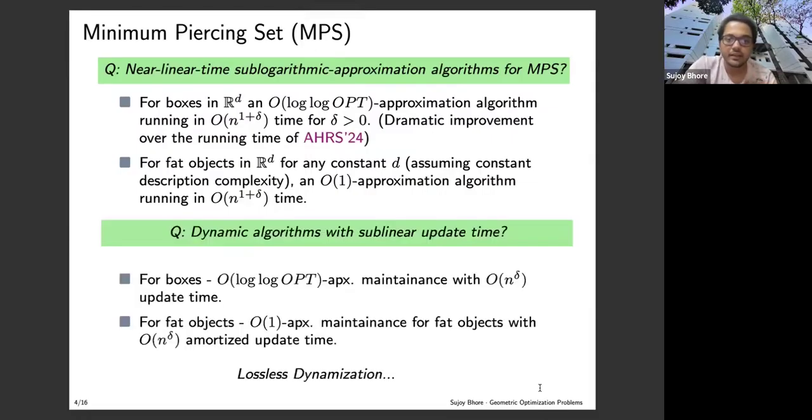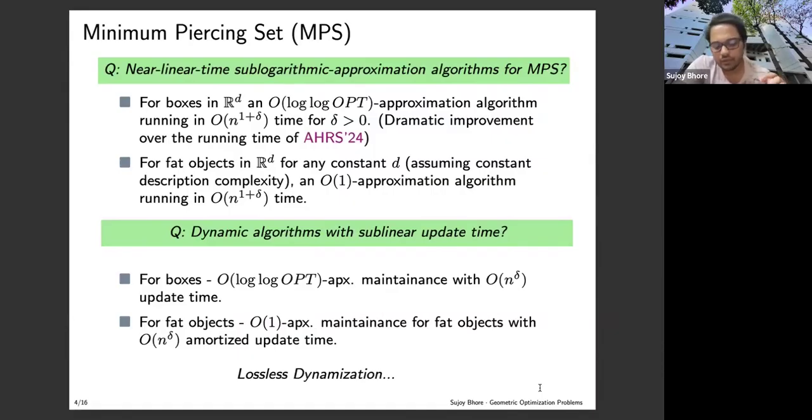It turns out that we get almost lossless dynamization. For boxes, we can maintain similar factors asymptotically, of course, like log opt approximation with n to the delta update time. And for fat objects, we can maintain a constant factor with n to the delta amortized update time.